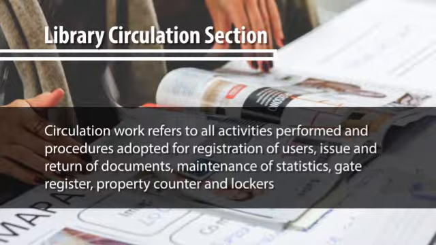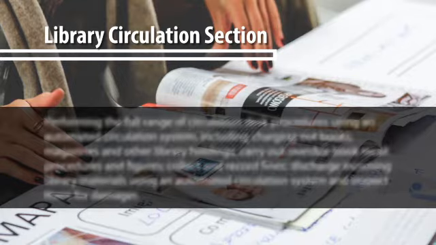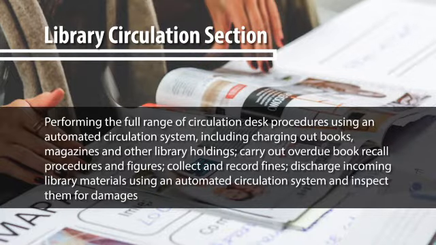A circulation or lending department is one of the key departments of the library, which does the major functions of the library, because a library is nothing without the circulation of books and other materials. So they perform a full range of circulation desk procedures using the automated system, that is the LMS, library management system, which is implemented by the library.